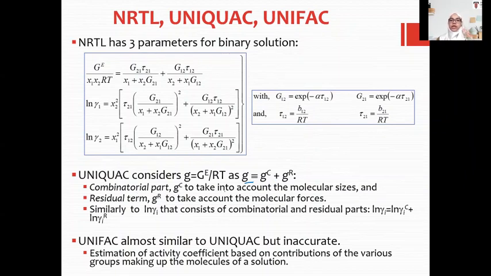The combinatorial part, GC, takes into account the molecular size, and the GR is for the molecular forces. This is similar to ln gamma, which is also based on the combinatorial and the residual part, using an equation that is equivalent to the term of the G. UNIFAC is almost similar to UNIQUAC, but it estimates the activity coefficient based on the contribution of the various groups making up the molecules of the solution.